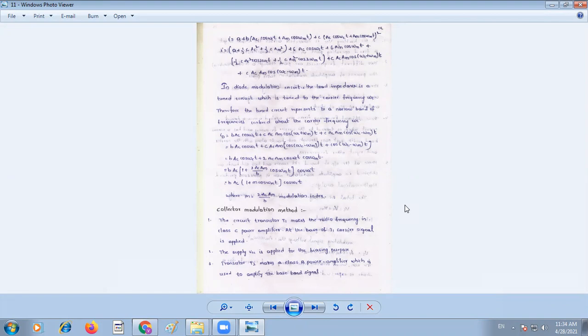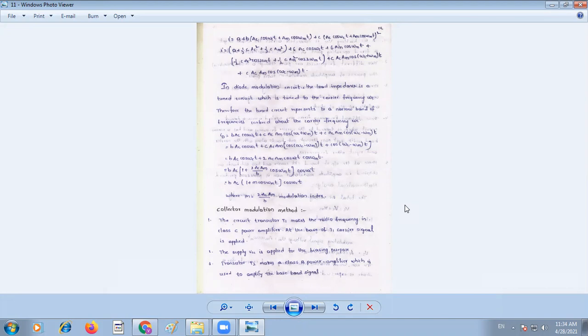The modulation index is the ratio of the maximum voltage of the message signal Vm to the maximum voltage of the carrier Vc. That is the modulation index, or depth of modulation.